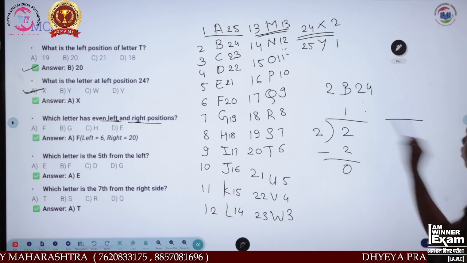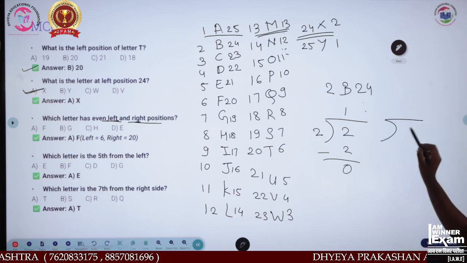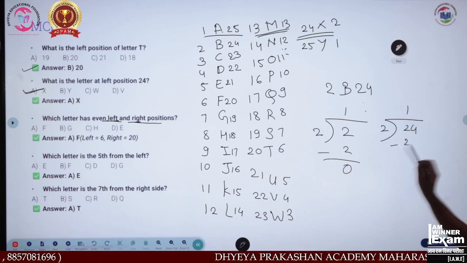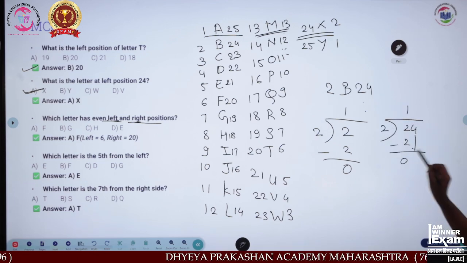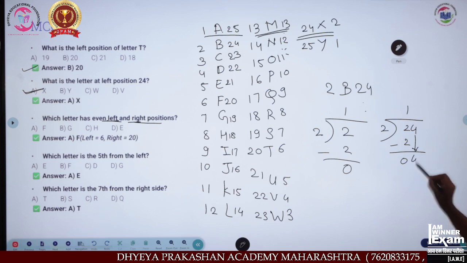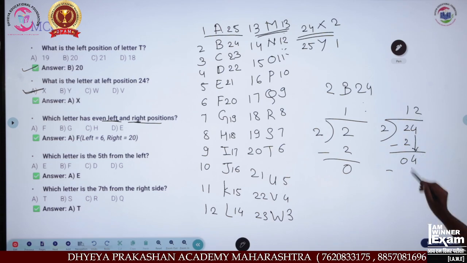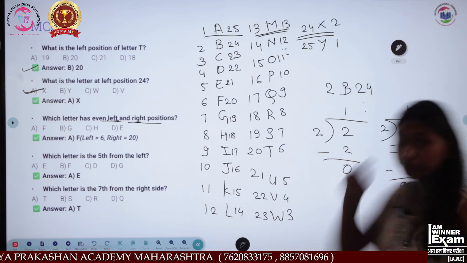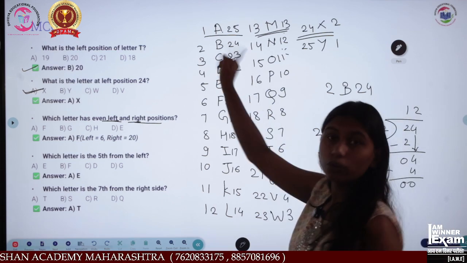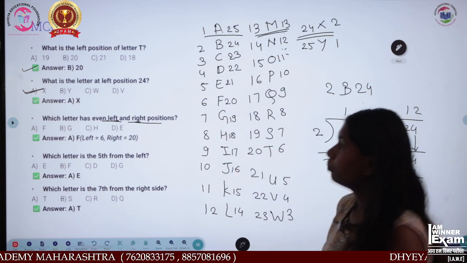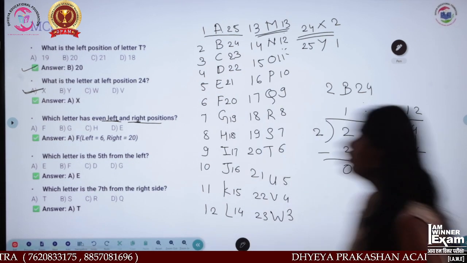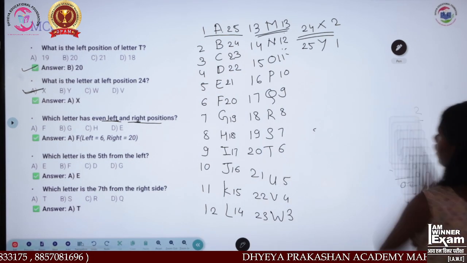And this 24: 2 ones are 2, 0, 4 comes down, 2 twos are 4. Now in this B, both numbers are even, but there is no option B. So B is not the answer.